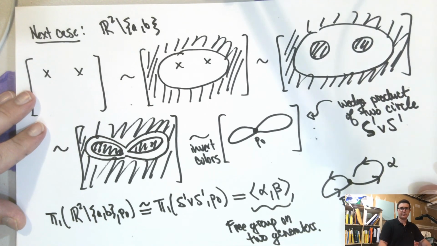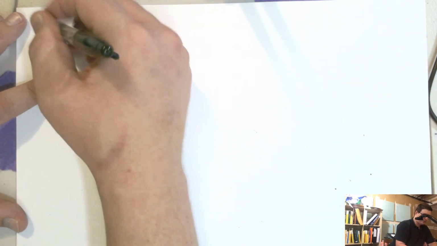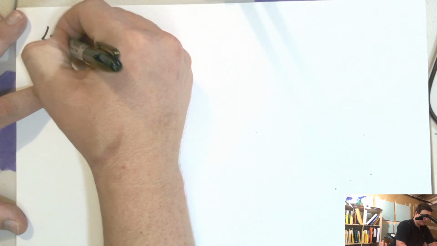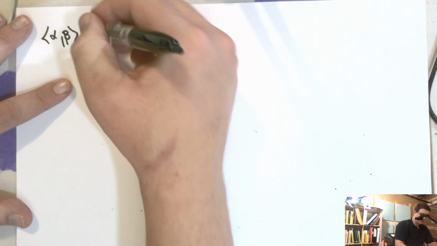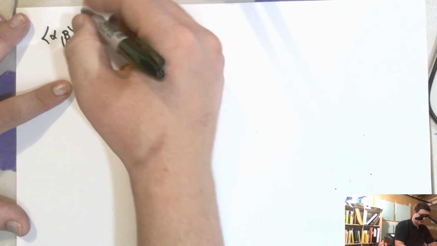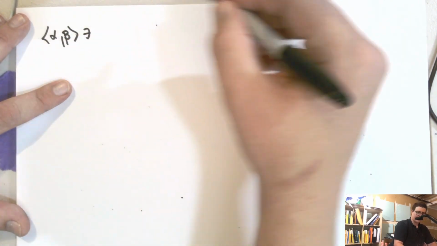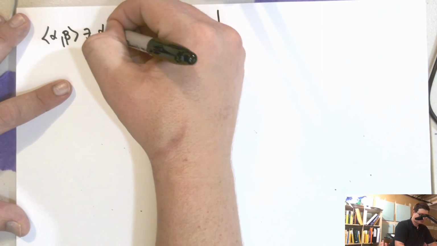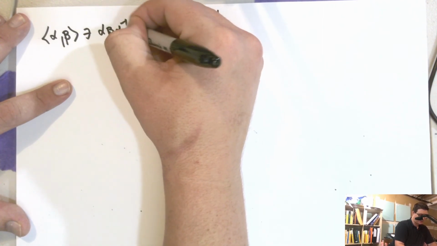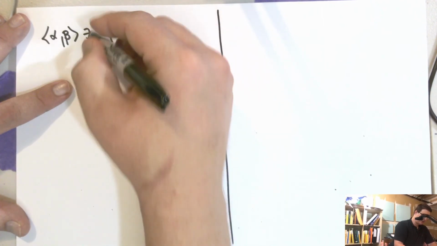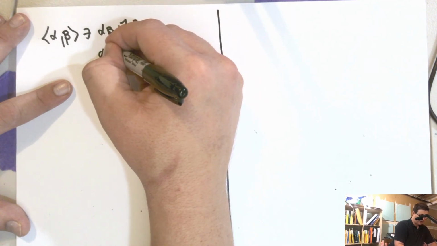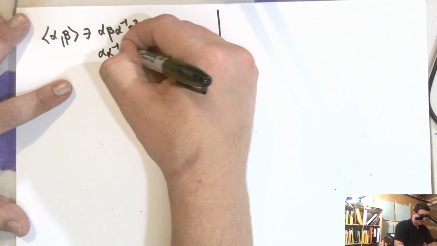So what does this thing look like? So alpha beta here. This is the free group on two generators, and so it contains elements like alpha beta, alpha inverse, beta squared, alpha, and alpha inverse beta.